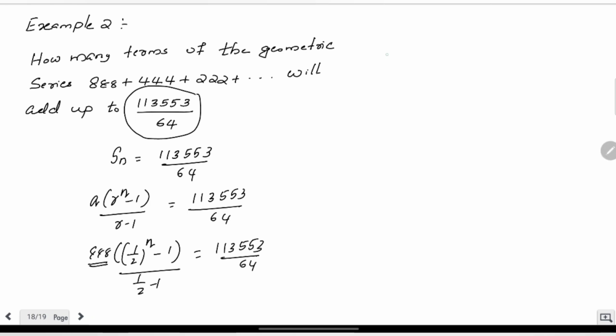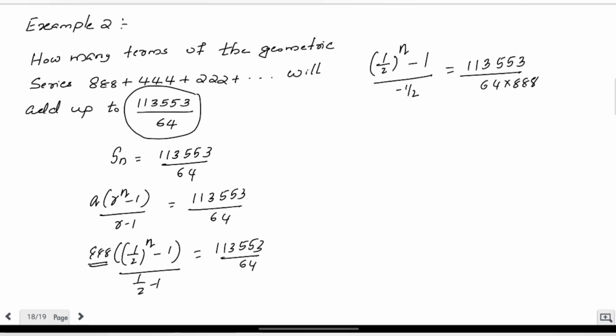So it's going to be half to the power n minus 1, divided by half minus 1, which is minus half, is equal to 113553 divided by 64 times 888, because 888 is with the denominator, it's going to divide. I hope you know.